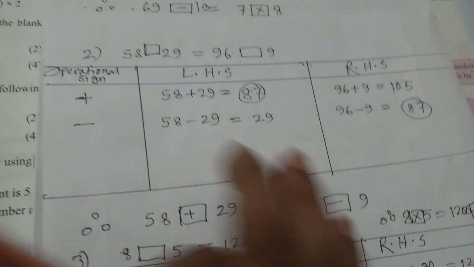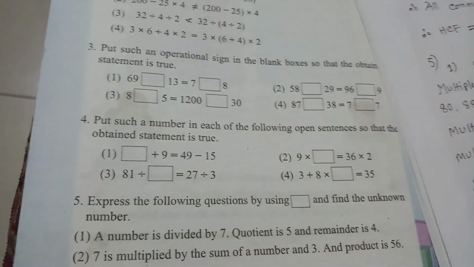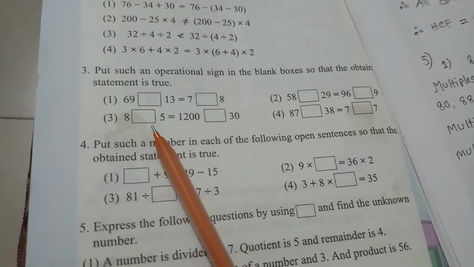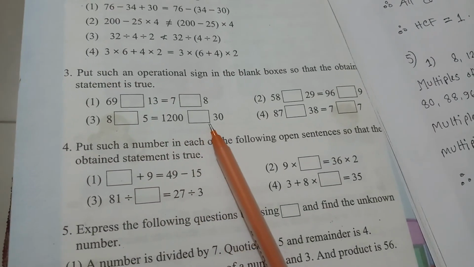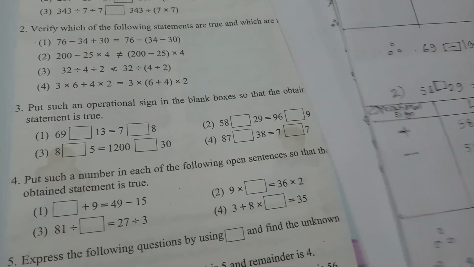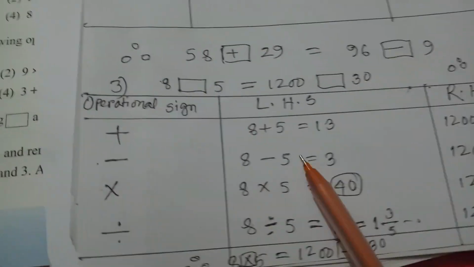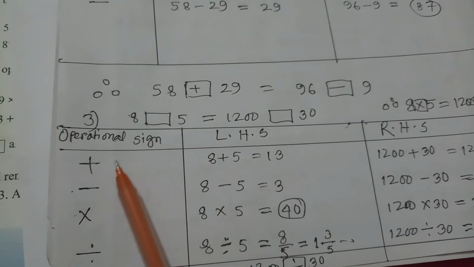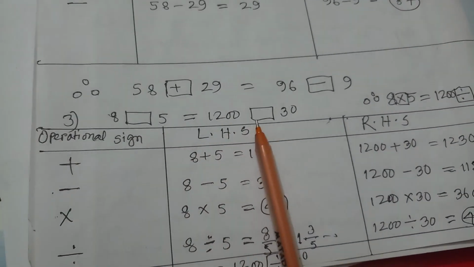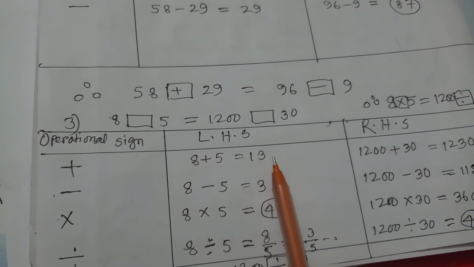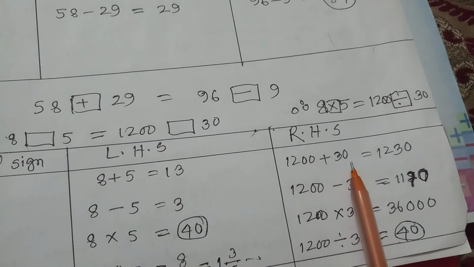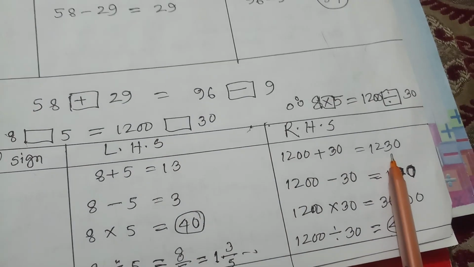Okay everybody, number 3: 8 box 5 equal to 1200 box 30. Look at the picture. Addition: left hand side 8 plus 5 equal to 13, and right hand side 1200 plus 30 equal to 1230.